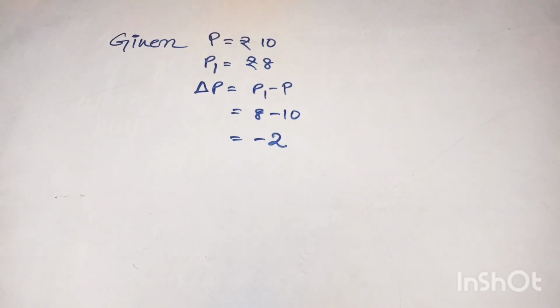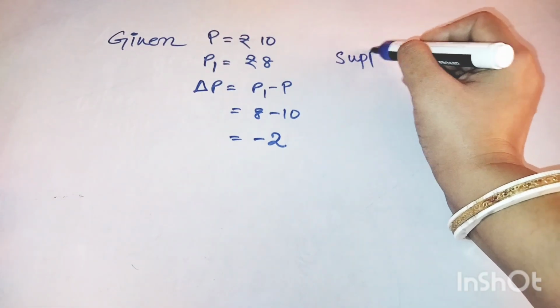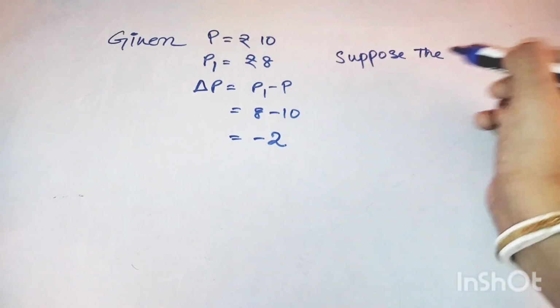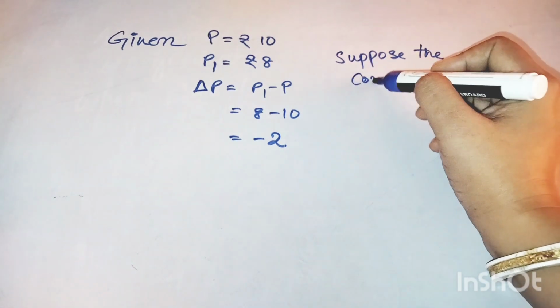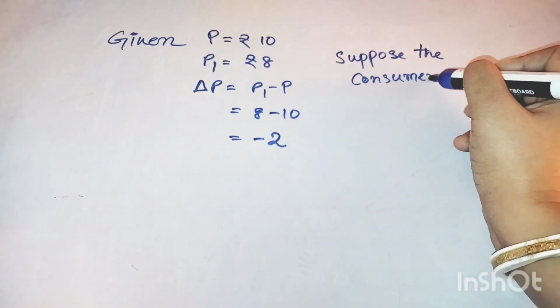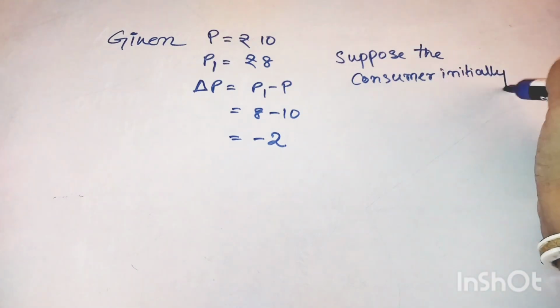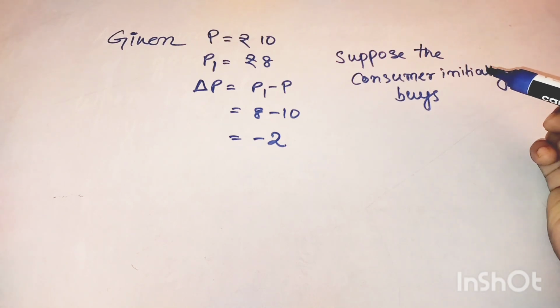Now here it is telling that when the price falls to rupees 8 per unit, she buys 40% more of the quantity. So what you are going to write here: suppose the consumer initially buys, we have to assume it. This one you have to assume because we don't know how much the consumer is buying.